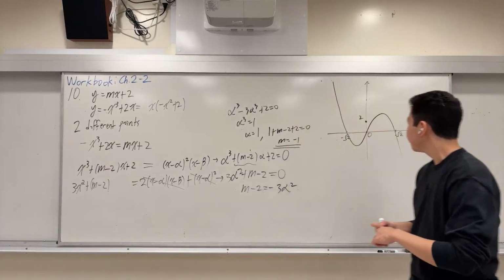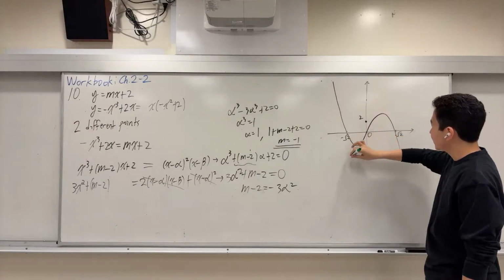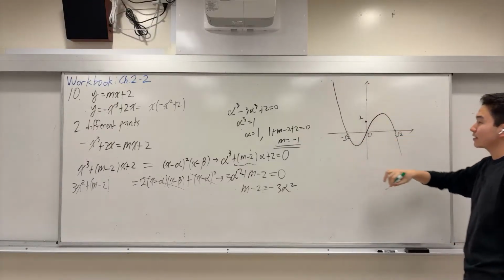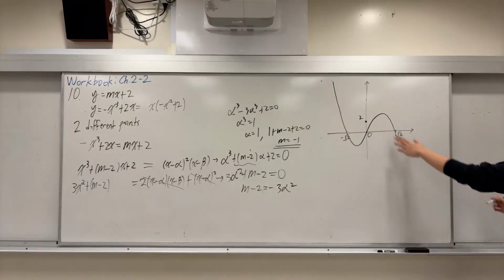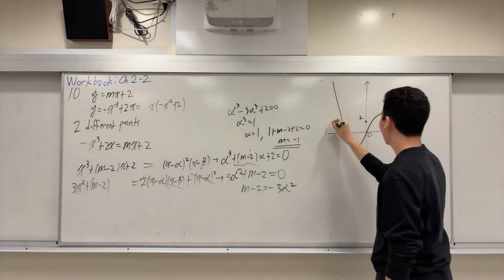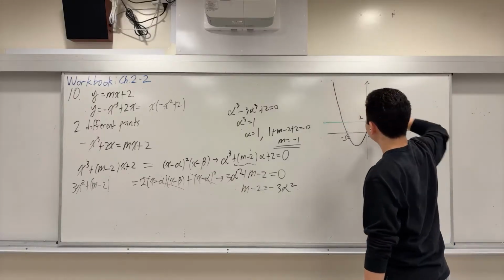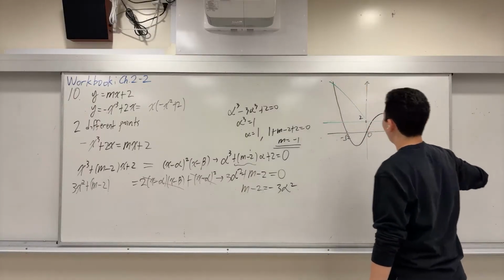Okay, by that I mean, we have a line that goes through 0, 2. So it could be any line with any slope, but it has to meet with this curve exactly 2 times. Now, most lines will intersect this curve 3 times, or maybe if we go steep enough, we'll intersect the curve 1 time.